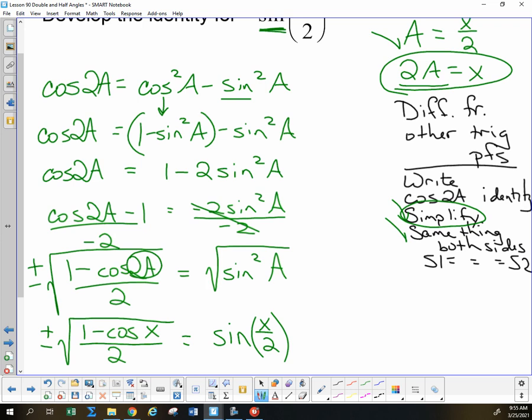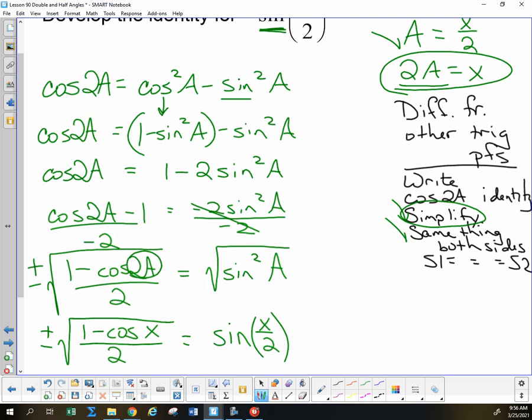So there is my half angle identity. So if I'm trying to get the sine of 22.5, I could change that to, oh, that's the sine of 45 divided by 2. And then I could plug into this formula to evaluate it.